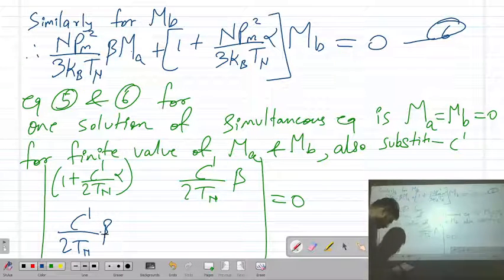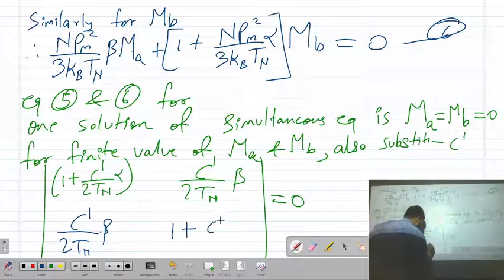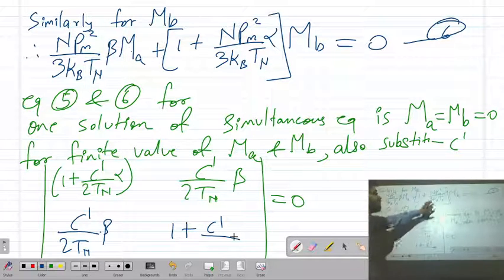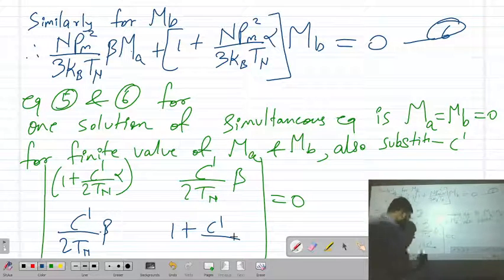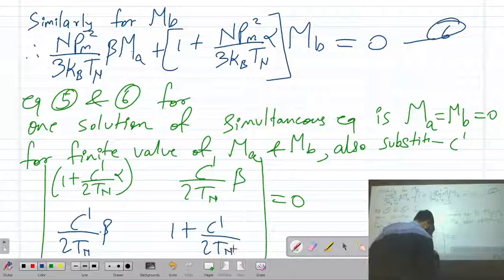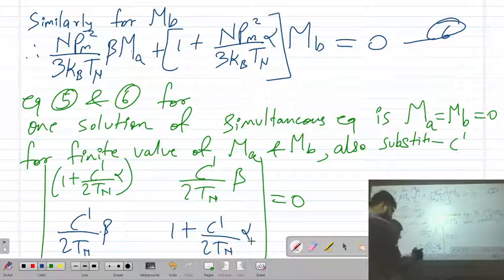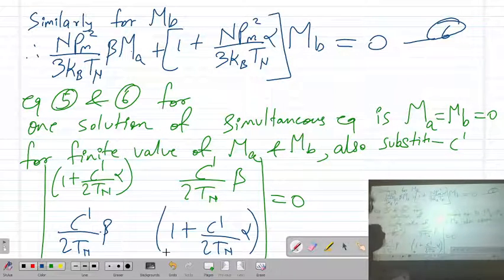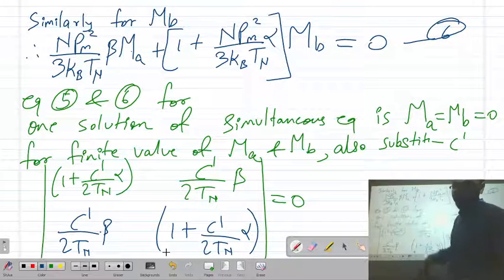Now the second term is 1 plus C dash divided by 2 T of N alpha. This is nothing but the determinant of the two equations.